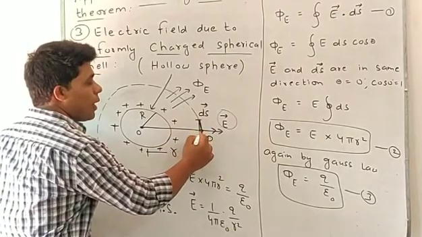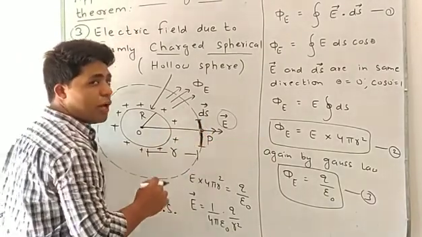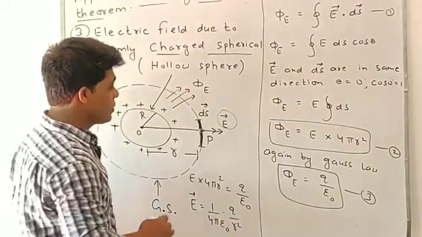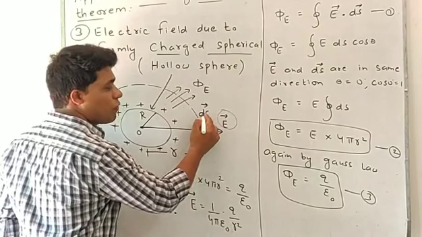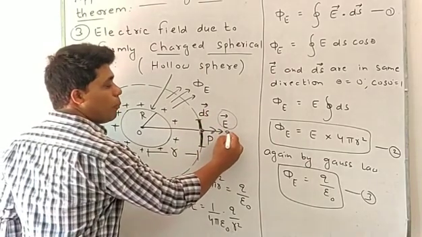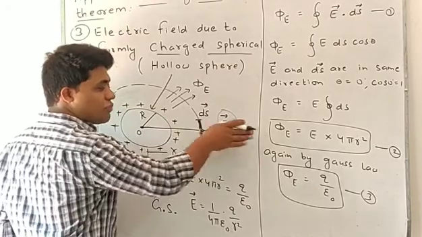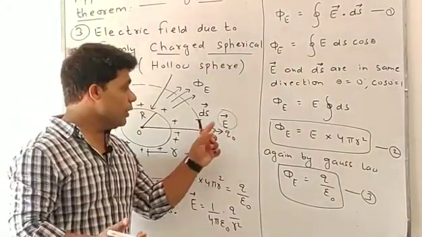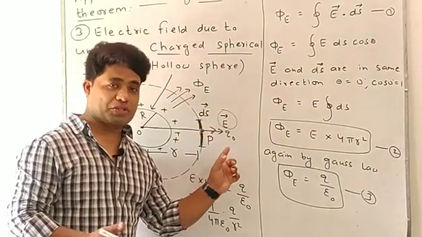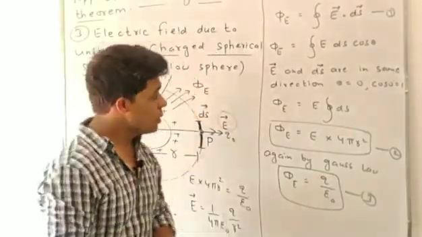This is the partial area, and we know the direction of area is normal to the surface. When we put a test charge there, a plus charge repels that test charge, so this will be the direction of electric field. What we found is E and ds are in the same direction, so theta is 0 and cos 0 is 1.